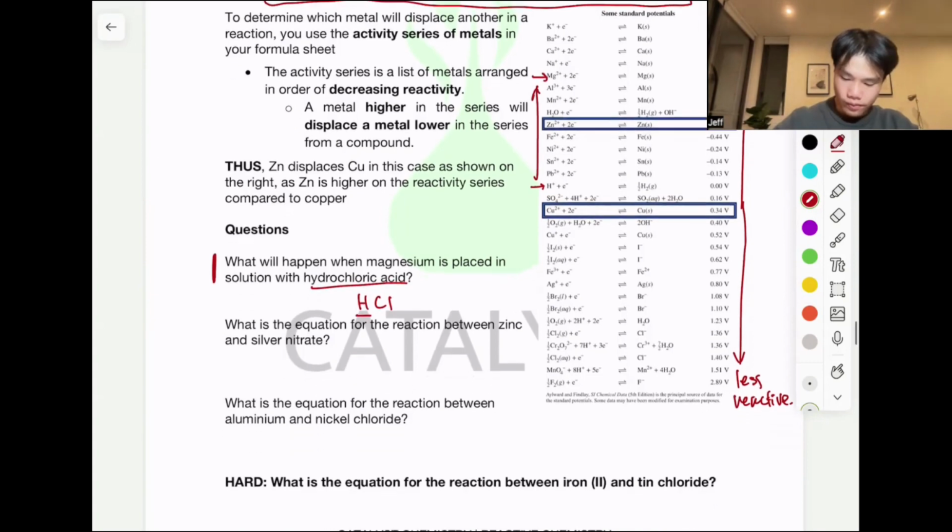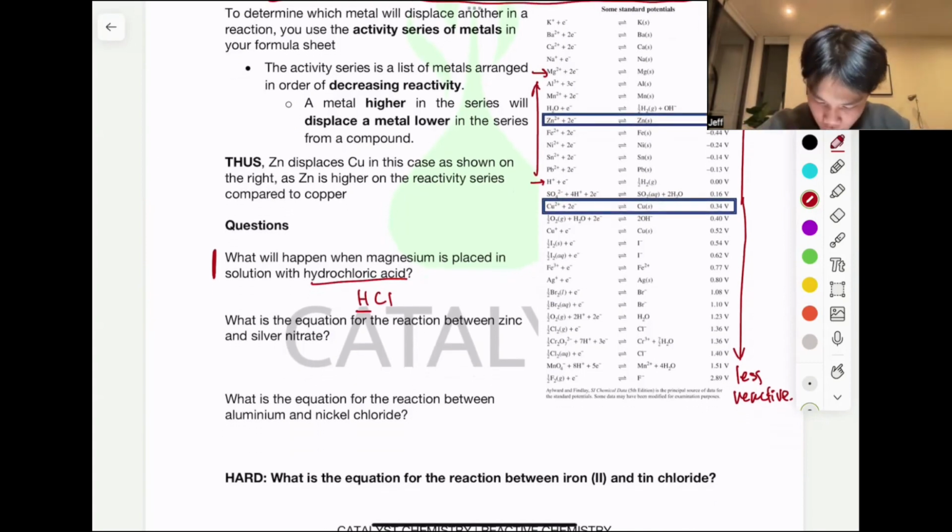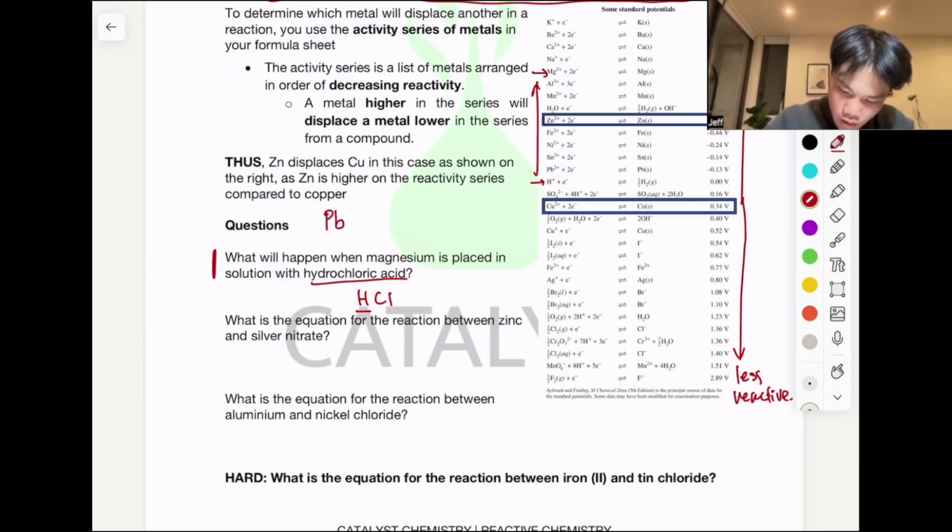Okay. So then let's throw a curveball. How about Pb, lead, going into FeCl2?